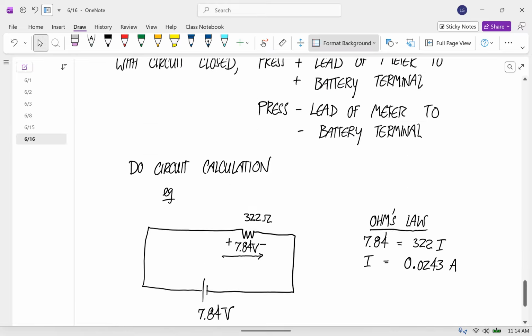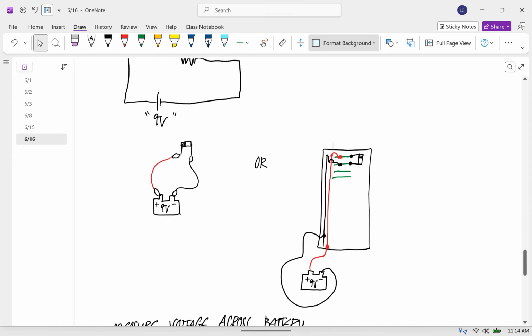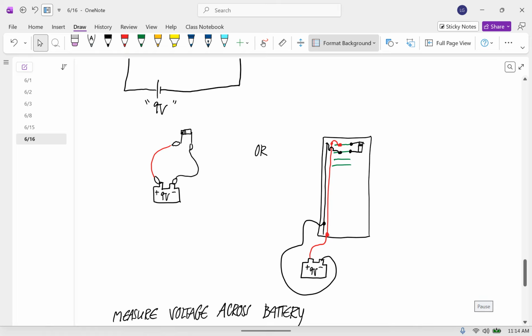But what you're going to do is somewhere in this circuit, if you did it this way, you can just disconnect this alligator clip to make a break. If you did it this way, you could move this wire down to this one to make a break.